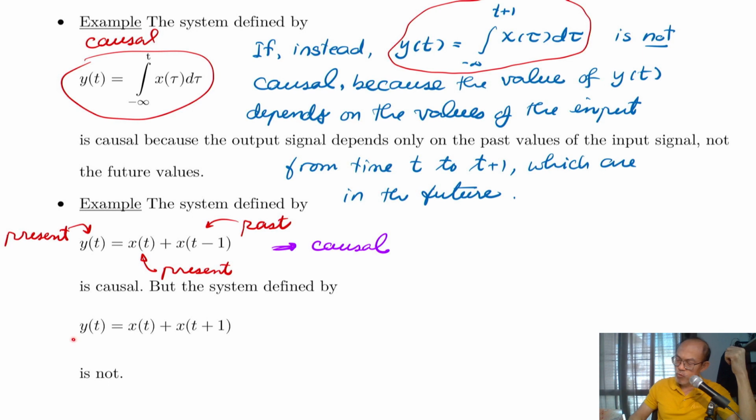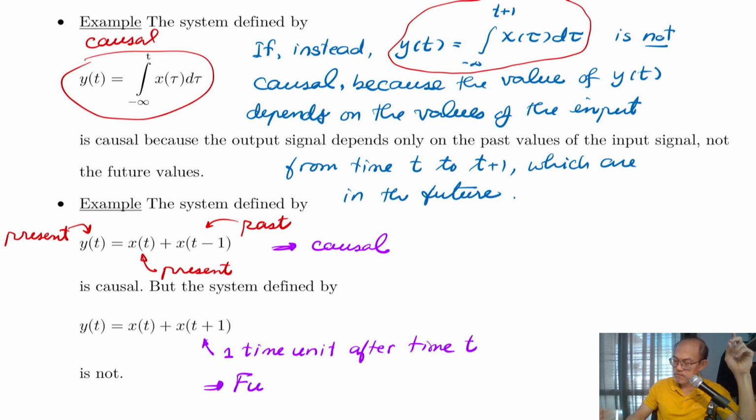However, if y(t) = x(t) + x(t + 1), you see the time here is one time unit after time t. So this is the future value of the input.